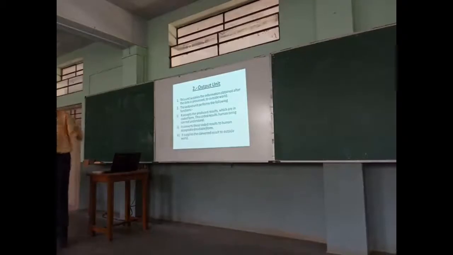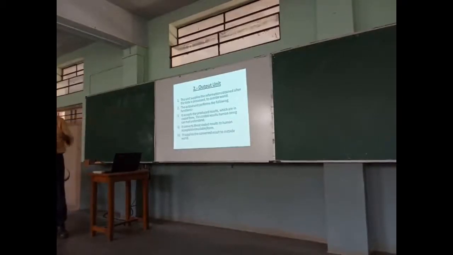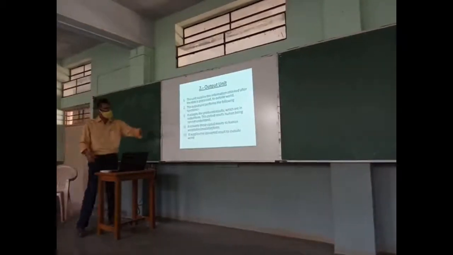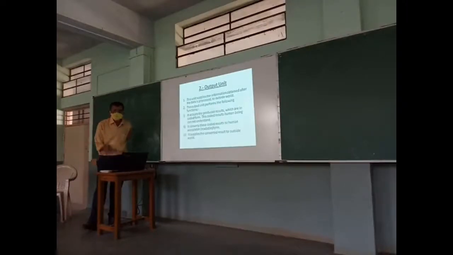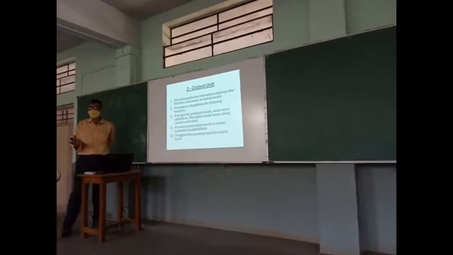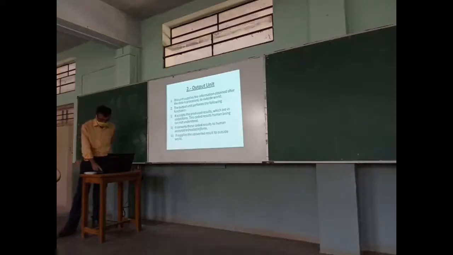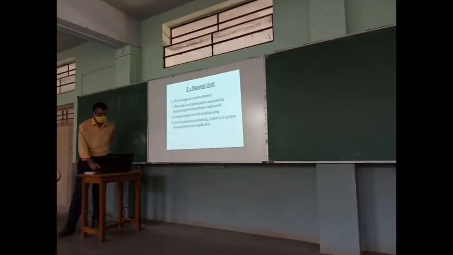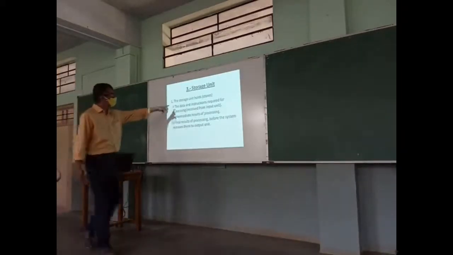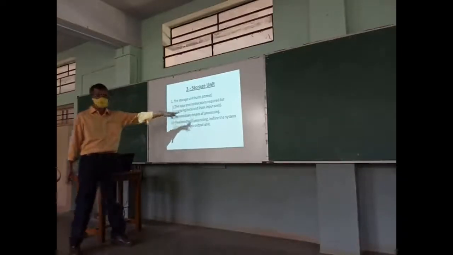So in simple terms, the job of the output unit is to make the data available to the user in human understandable form. There is a storage unit which holds the data.